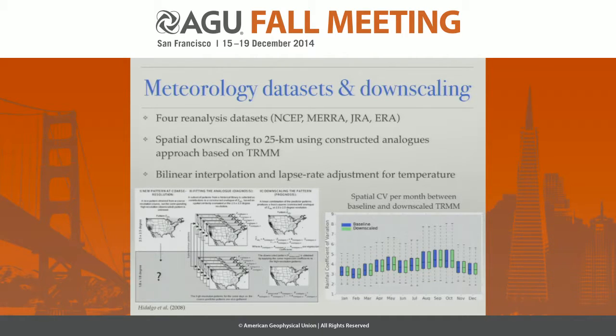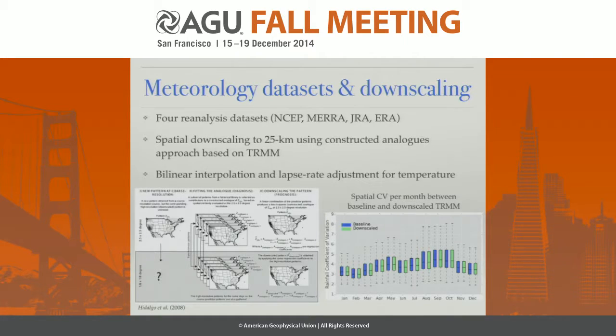So what we did is we downscaled the rainfall fields down to 25 kilometers using a constructed analogs approach based on TRIM. Here you can see the schematic. I'm not going to go into too many details, but the idea is that you have a predictor for your rainfall fields, and you look into your past climatology to identify analogs to the coarse scale field that you're looking at.